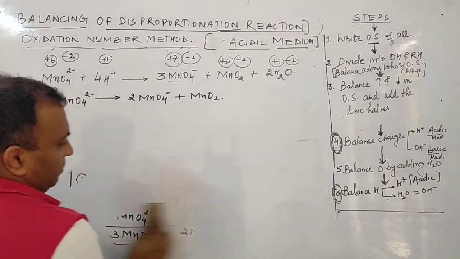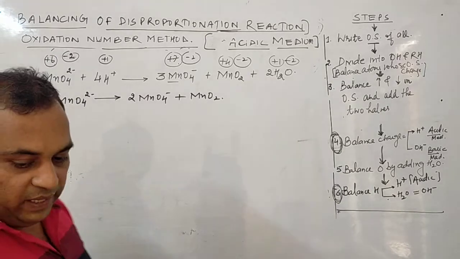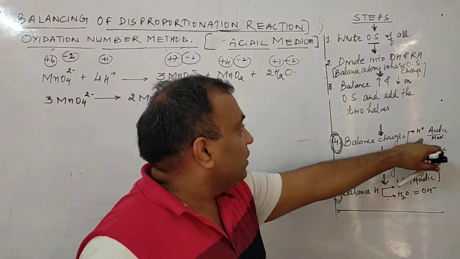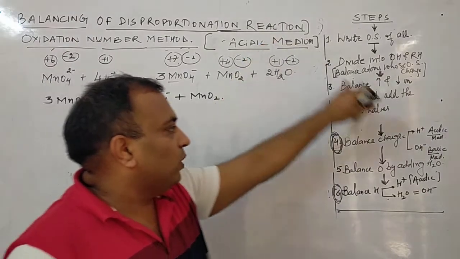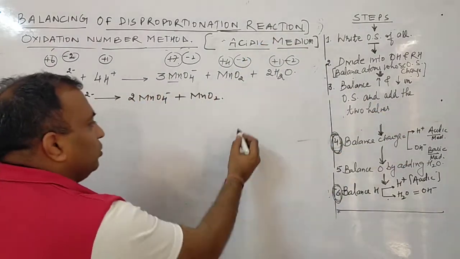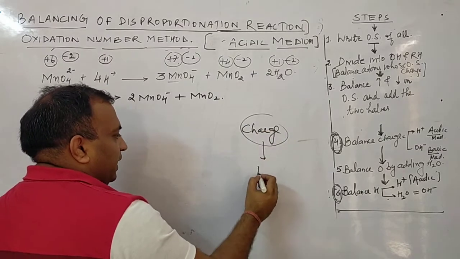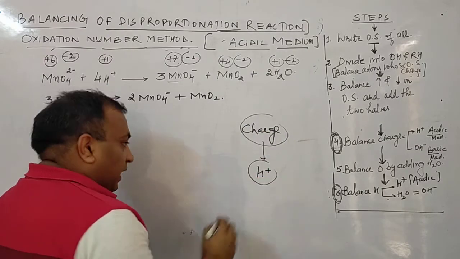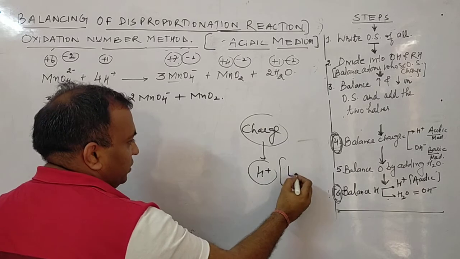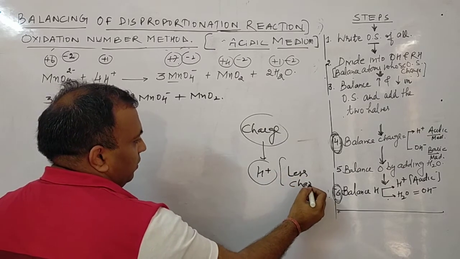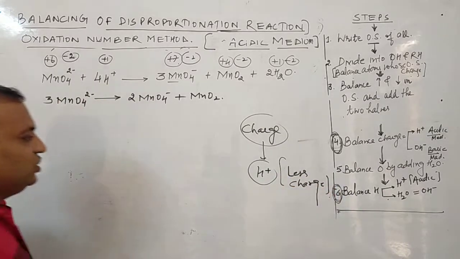Now the next step is beta, balance the charge by adding which medium? Acid medium. So I have to add H positive ion. For the balancing of charge, H positive ions are added to the side where there is less charge.